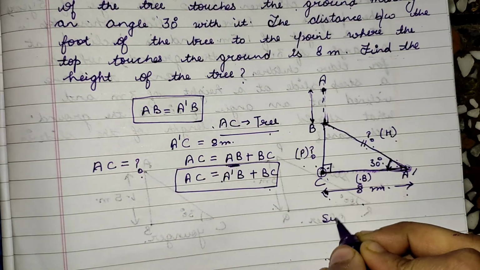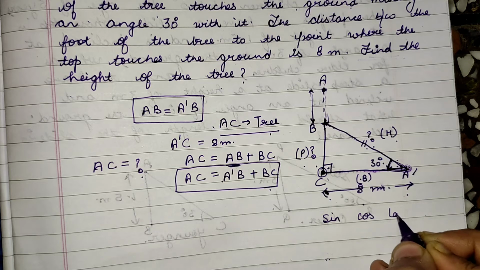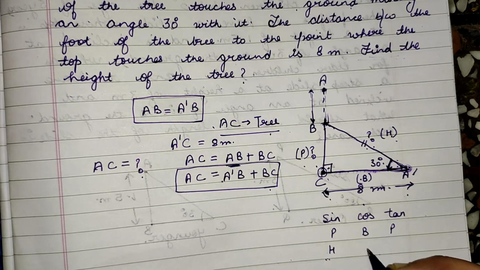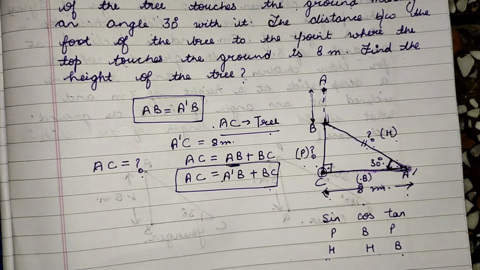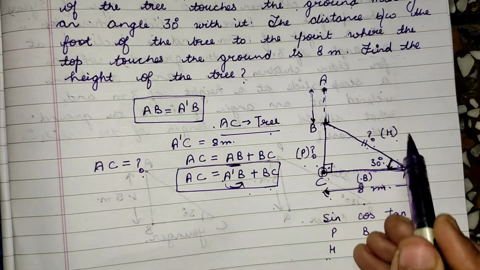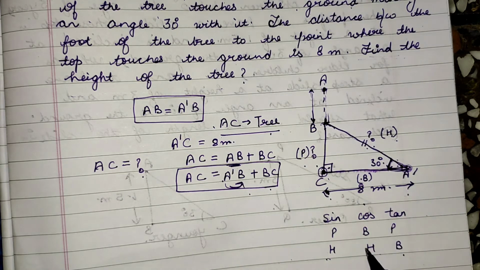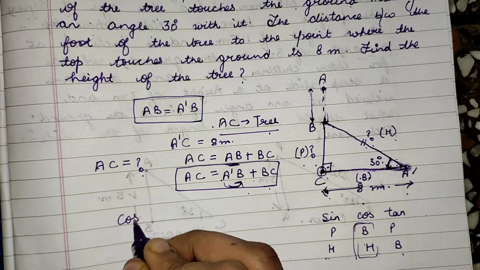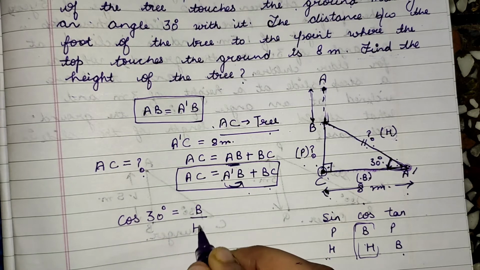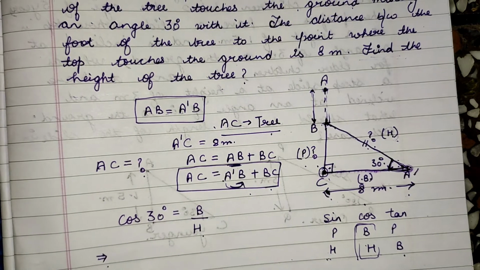So see, this time I have to use two trigonometric ratios to find out both the values, right? So for finding A dash B, A dash B is my hypotenuse and this is my base. So base by hypotenuse is my cos 30 degree.